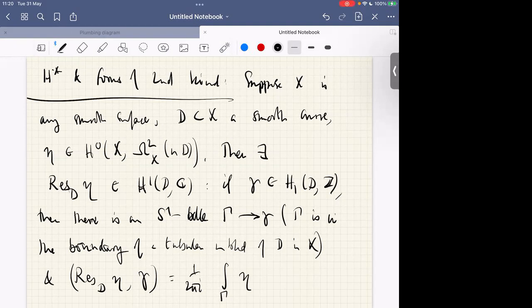This makes complete sense because eta has poles along D, but capital gamma is disjoint from D, so this integral makes complete sense.